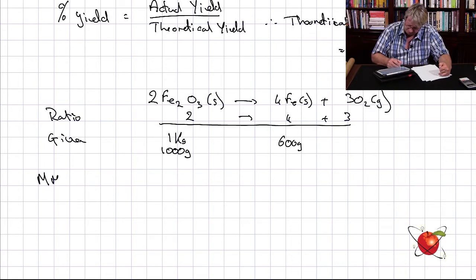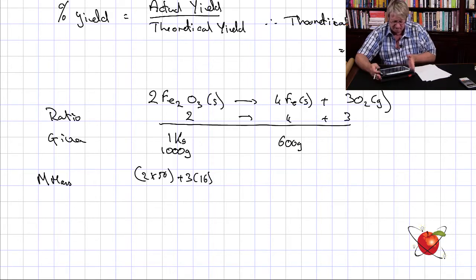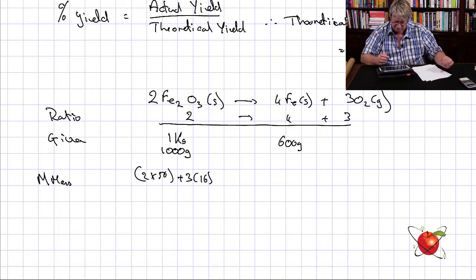First thing we've got to do is say to ourselves, I've just done them up ahead, just so we can go through them quicker. Let's look at the molar mass. The molar mass over here is going to be 2 times 56, which is our iron, plus 3 times 16, which is our oxygen.